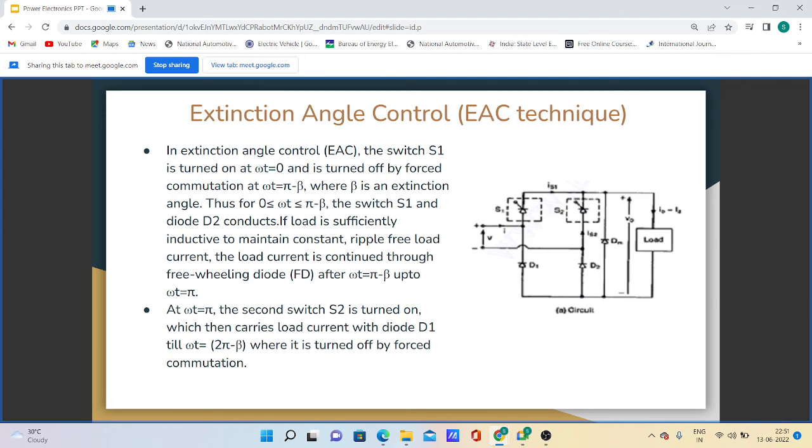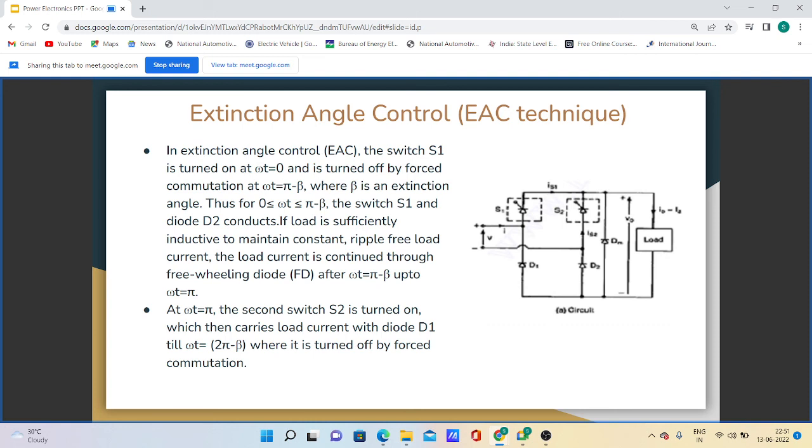This technique can be used for single phase semi converter and full converter with the load R resistance and inductive load. So in this slide, this figure shows the single phase semi converter where thyristors T1 and T2 are replaced by the switches S1 and S2.